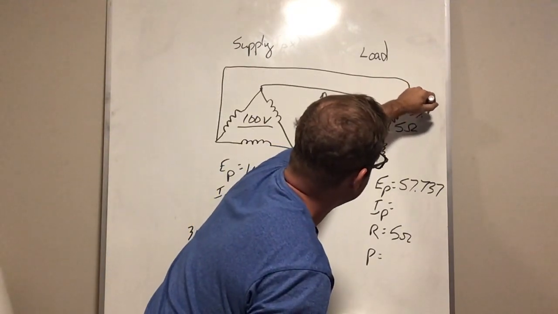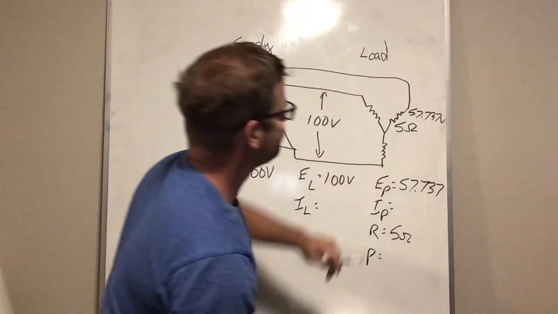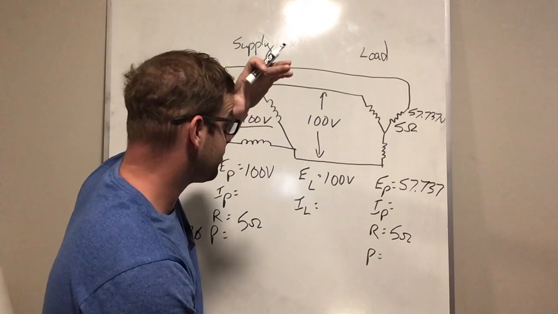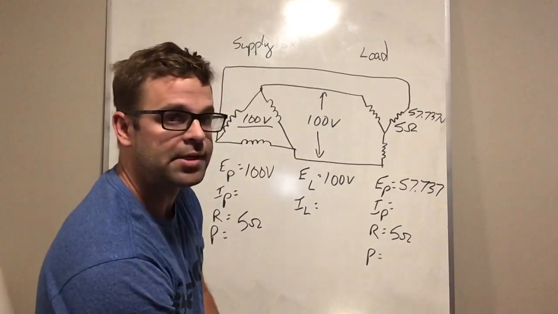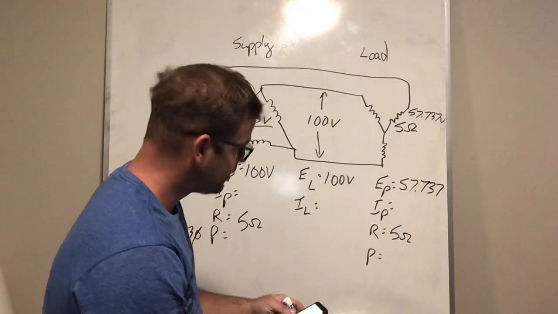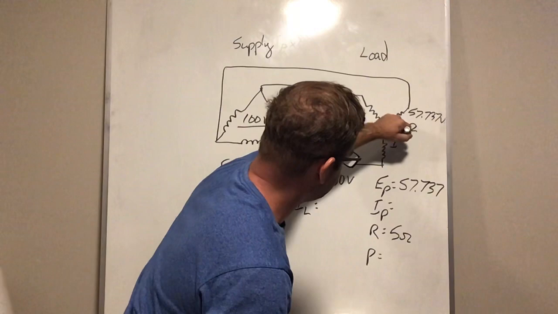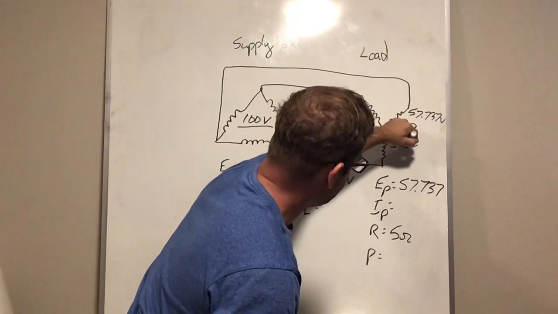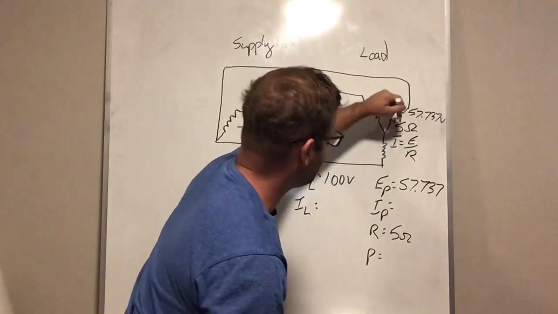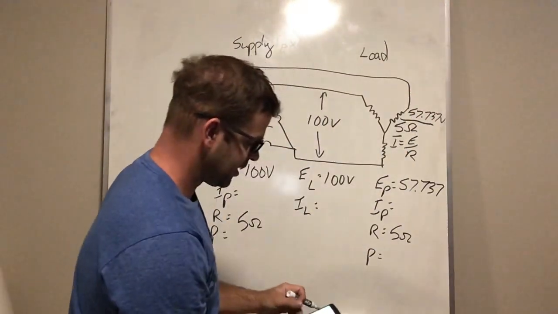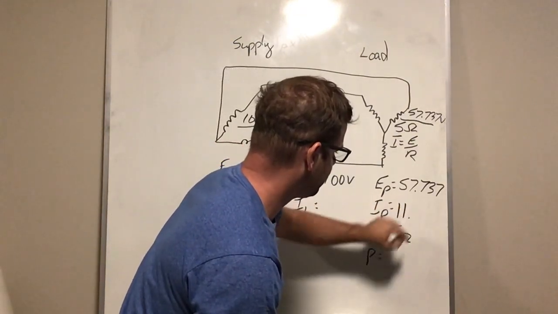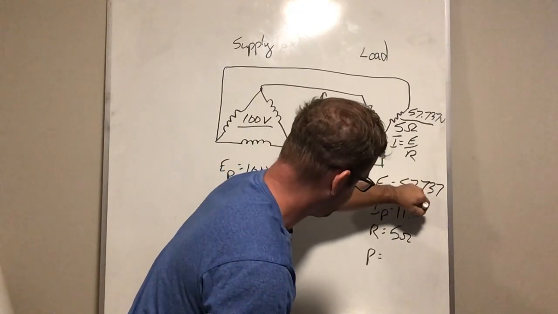So 57.737 volts. When I go to do Ohm's law to figure out the current per phase, I have 57.737 volts. I divide that by 5, because I is equal to E divided by R. So 57.737 divided by 5 gives us a phase current of 11.547.